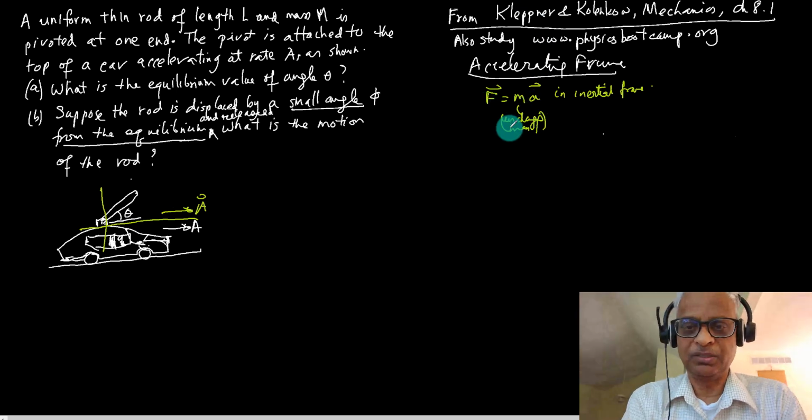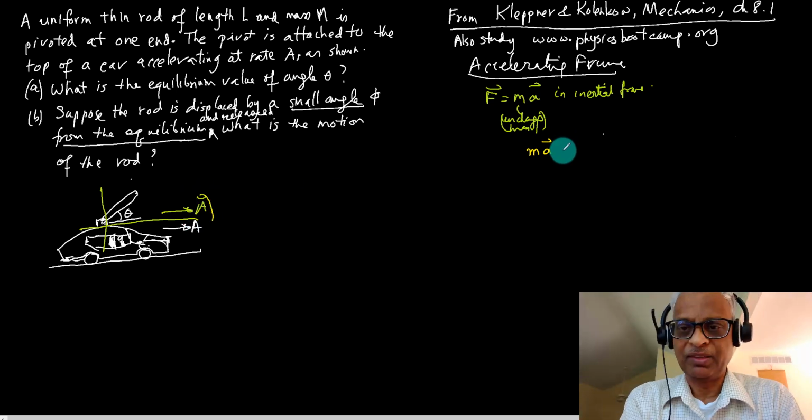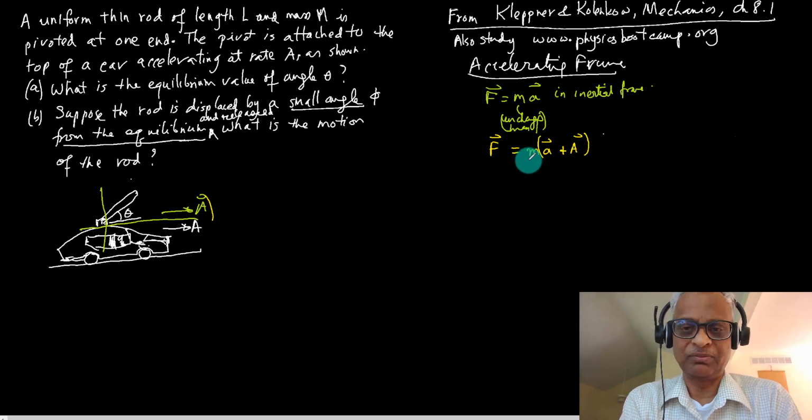So this will change to mass times acceleration. In addition to this acceleration, you'll have the acceleration of the frame plus the acceleration of the mass of your body.